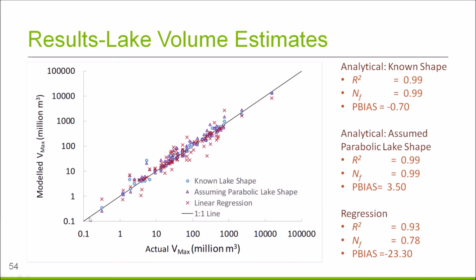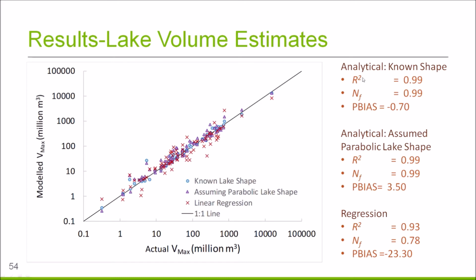What we have done in this plot is, for all those known lakes, we have information on the maximum volume from the bathymetry data, and then we apply different models to estimate the modeled volume for those lakes. If you know the lake shape, and you have information on maximum depth and maximum surface area, you can apply those equations to estimate lake volume, and those are shown by these blue dots, right?